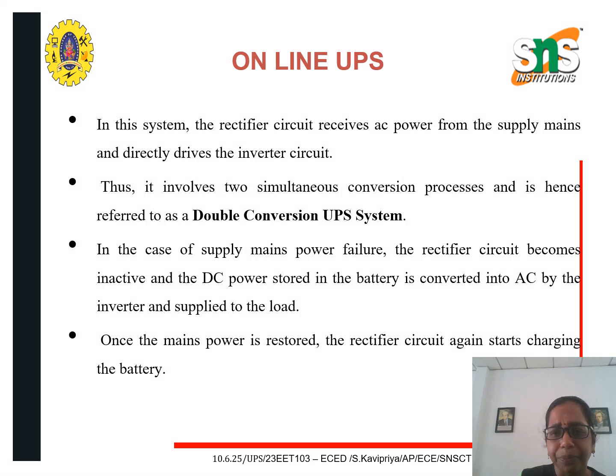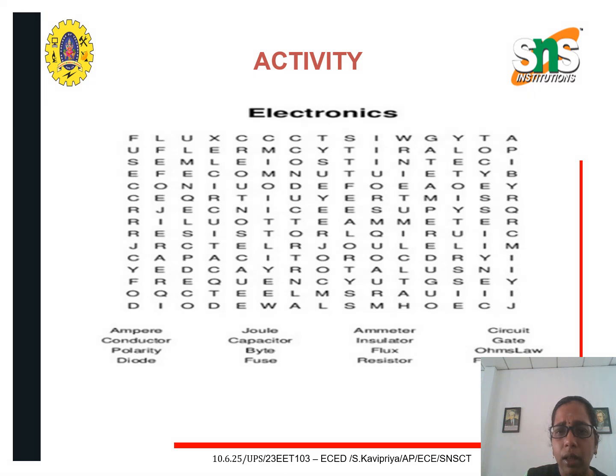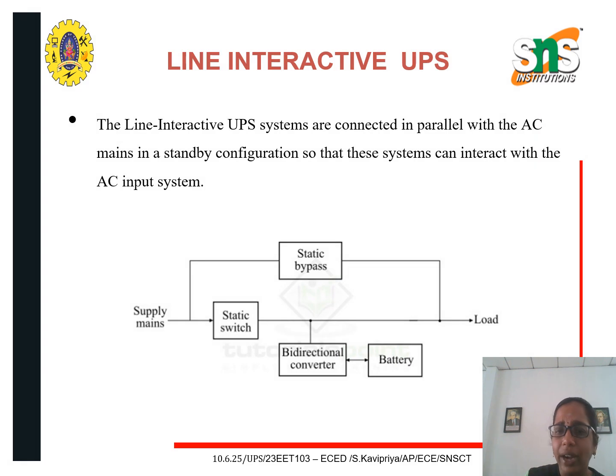Next is the line interactive UPS. A line interactive UPS has a static switch, a static bypass, and a bidirectional converter and battery. As long as the main supply functions properly, the supply available will be converted to DC and stored in the battery, and it will be directly supplied to the load.